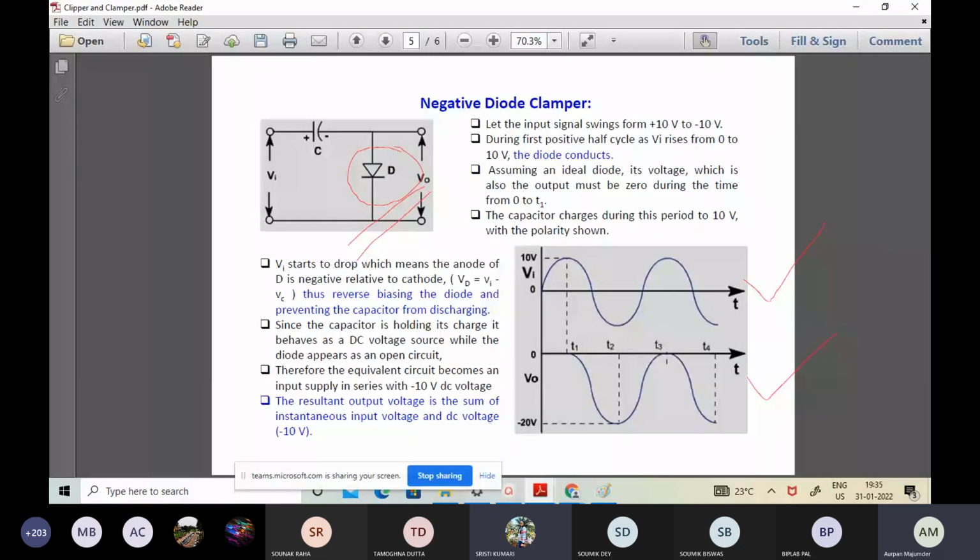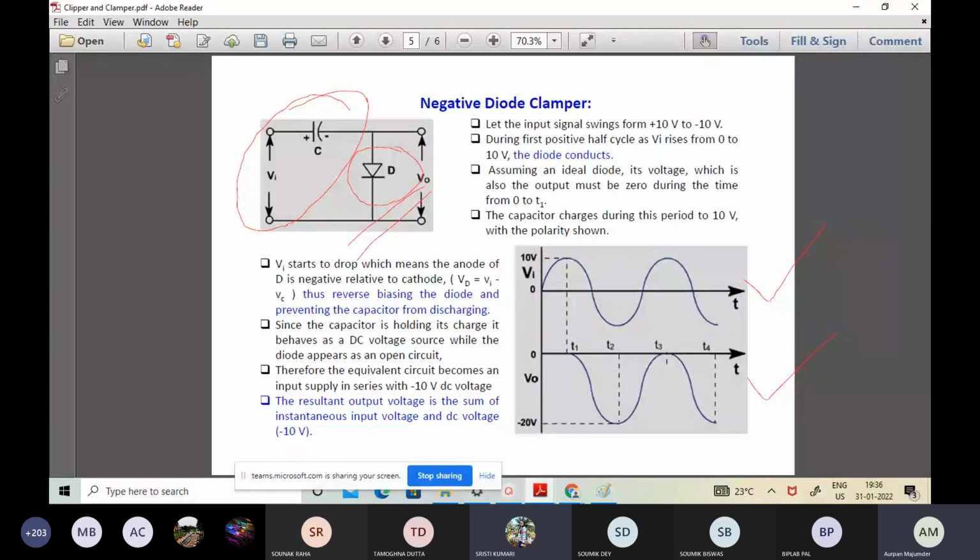And when the diode is in the non-conduction phase, it means we should employ the idea of these two in a loop, Vi and Vc. To get into that idea, let's have a quick example as being shown. Let us say the input signal switches back and forth between plus and minus 10 volts.